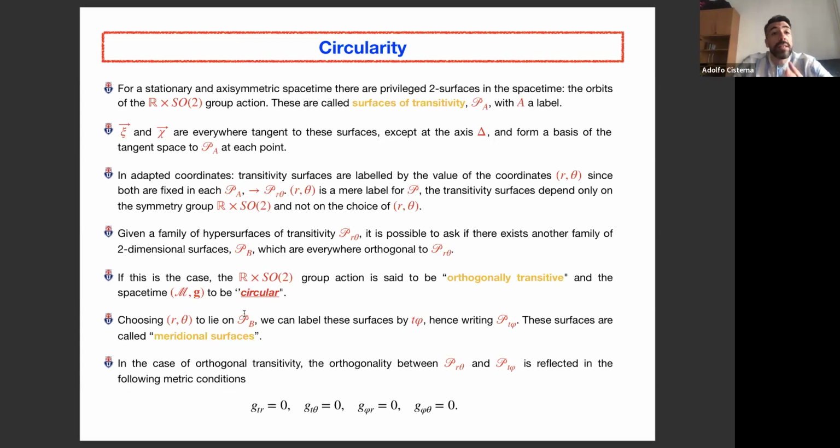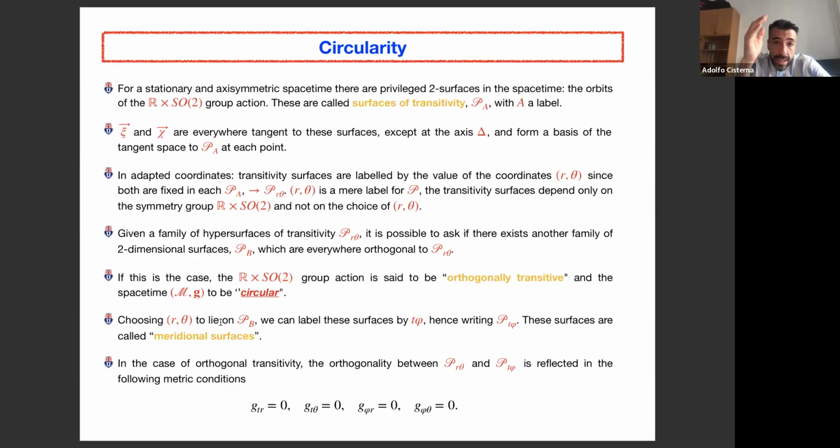But let us see what this circularity means in a very generic way. When you have stationarity and axisymmetry, there are some privileged two-surfaces in the spacetime, and these are, of course, the orbits of the action of the group R times SO(2).